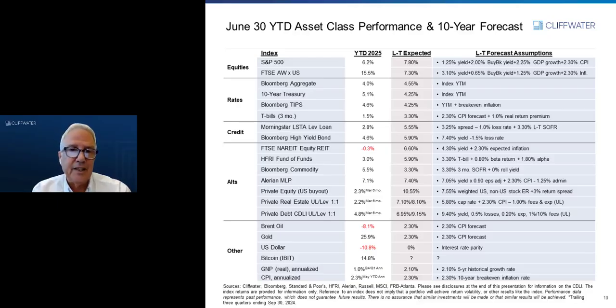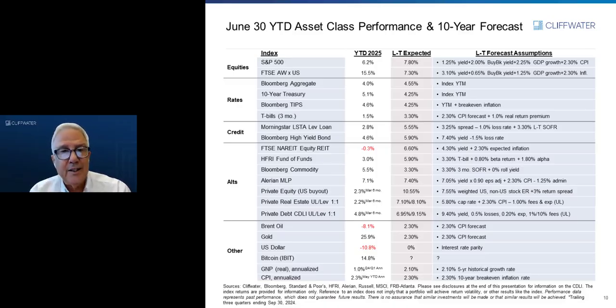The S&P at 6, FTSE at 15.5, but most of the, if not all of the incremental return from non-US stocks has been to fall in the dollar. And if you go down to the bottom of the page, under other US dollars, the dollar's fallen 10.8% year to date through June, which basically explains the 10% better return from the FTSE.